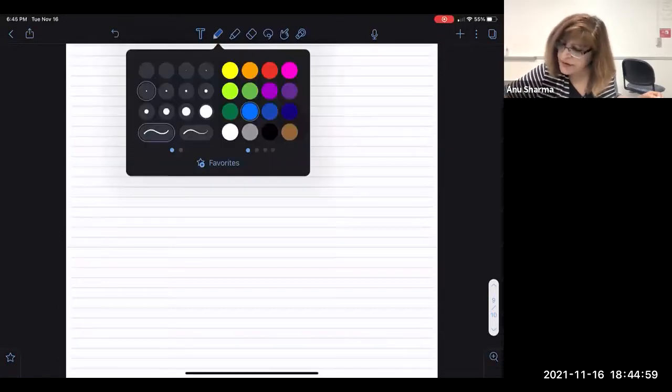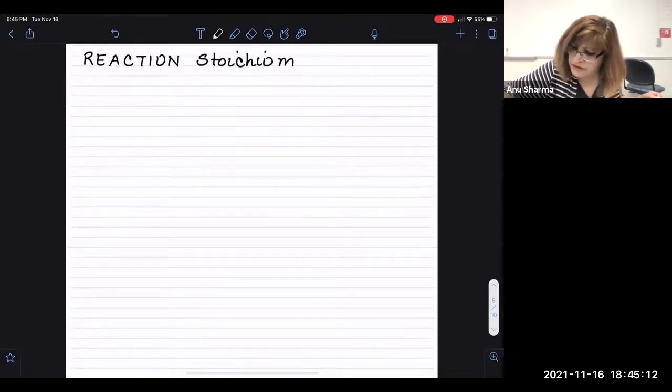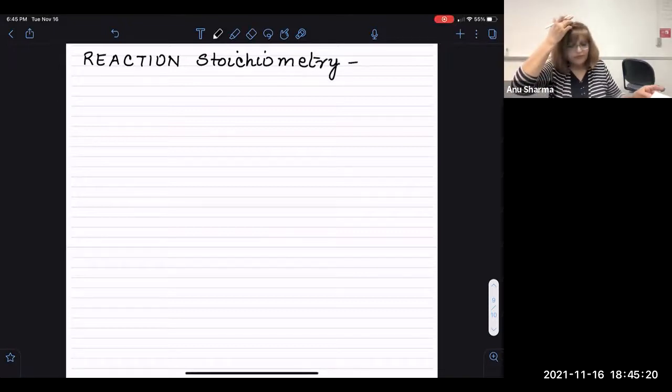Okay, so, next is the reaction stoichiometry. That is important. Reaction stoichiometry is basically you've done the limiting reactants, the percentage yields, those type of things.